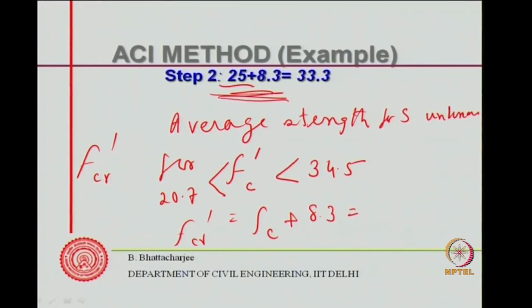So, this is 25 plus 8.3, which is equal to 33.3.